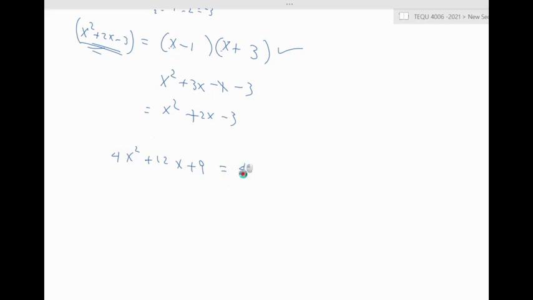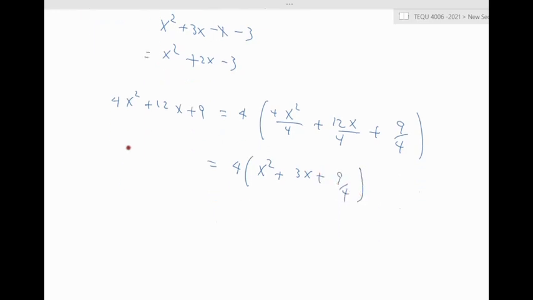So that ends up being 4 times (x squared plus 12x over 4 plus 9 over 4), which is x squared plus 3x plus 9 over 4. And that's it.